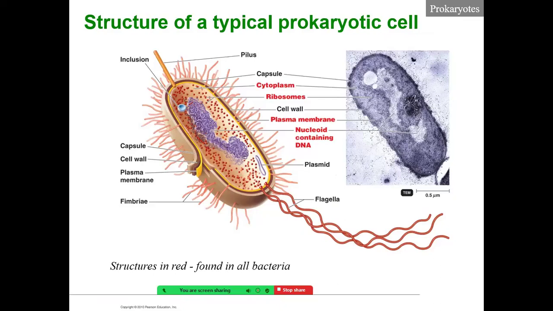Like only some have a pilus, only some have a capsule. Most bacteria do have a cell wall, but not all bacteria have a cell wall. The structures found in red are found in all bacteria. That would be the cytoplasm, the ribosomes, the plasma membrane, and then the nucleoid region, and that contains the DNA.